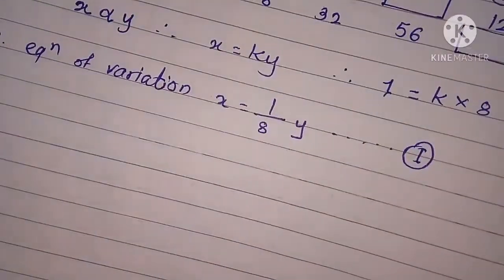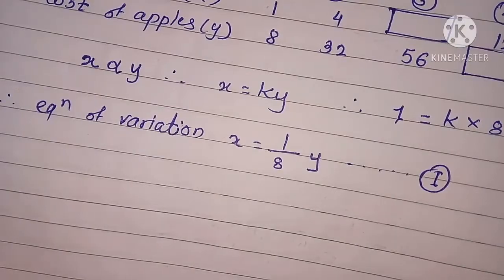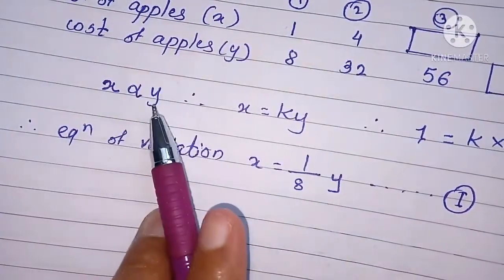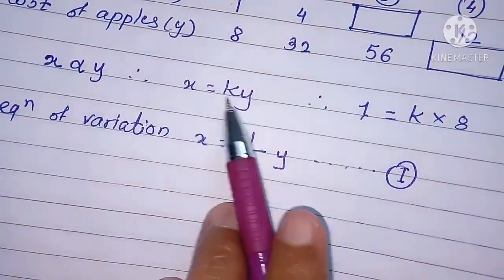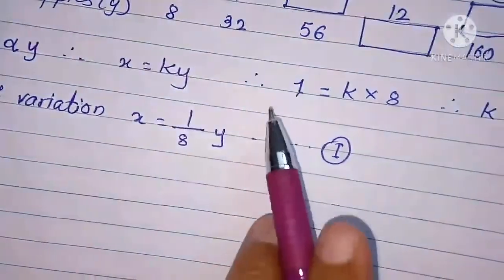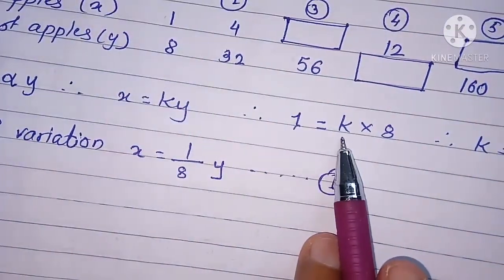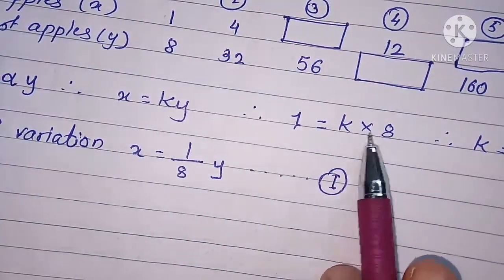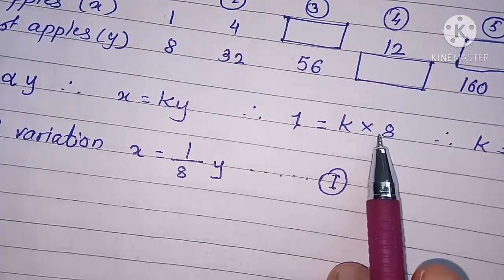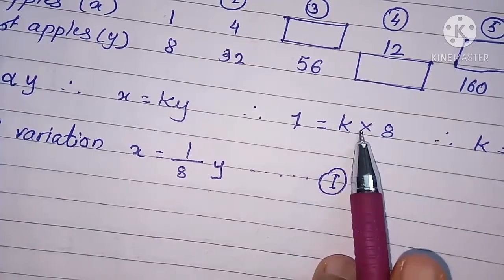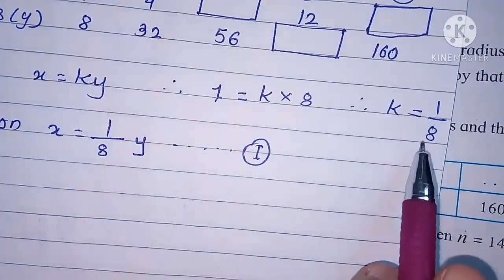Now see, first find the value of k, that is the constant term. x is directly proportional to y, therefore x is equal to ky. Therefore the value of x is 1 and the value of y is 8. So 1 is equal to 8k, or k into 8. Therefore k is equal to 1 upon 8.